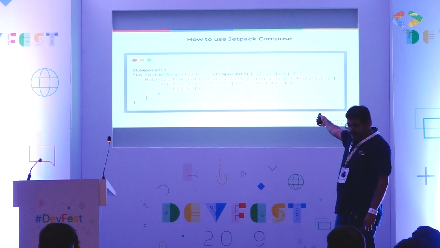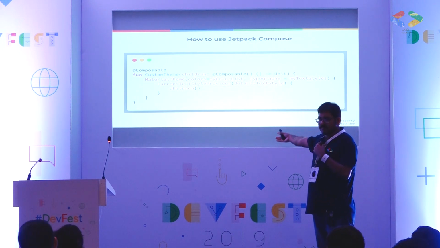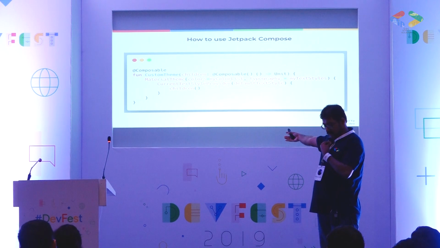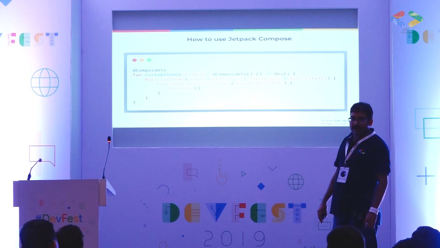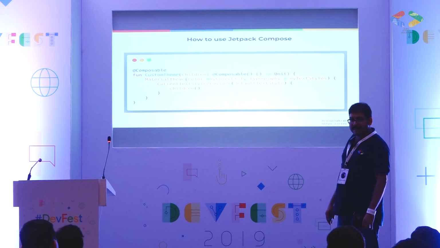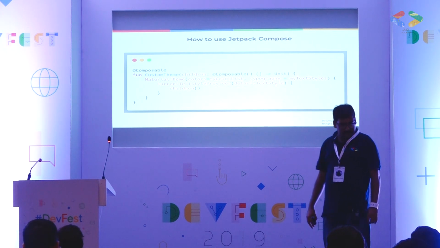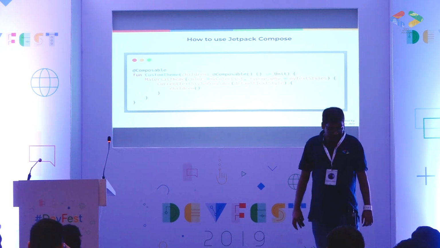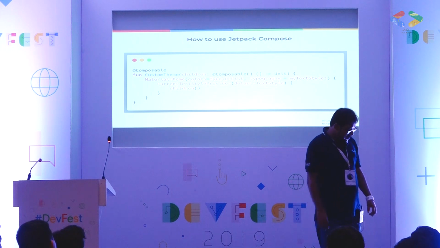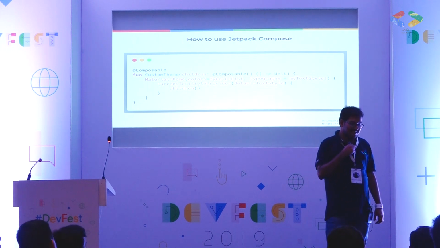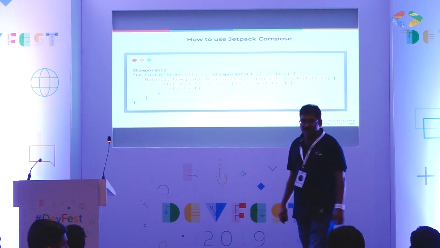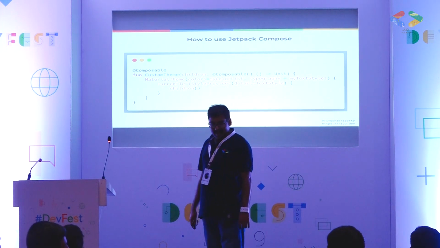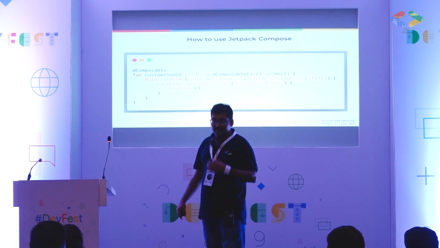That's our custom theme. Writing custom themes also got easier. Can anyone tell me what they do when they write custom themes right now in XML? What is the process? And how much do you like the process? Yeah, that's the answer I was looking for. Thanks for that. No one likes writing custom themes right now.